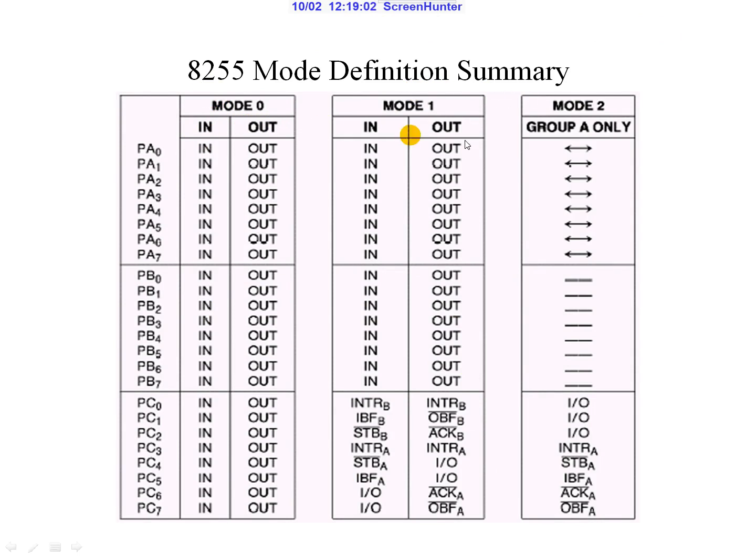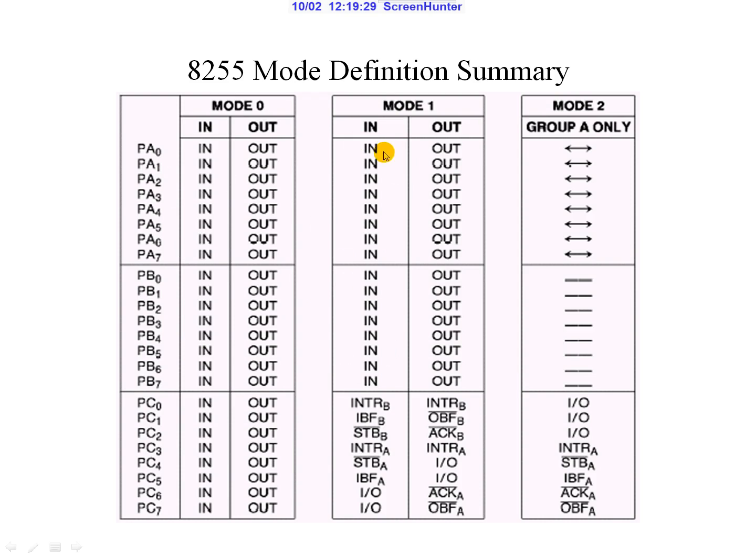So here I have given the definition summary of these 3 modes of operation. I have given only the 3 modes of input output operation. I didn't give the BSR mode. For mode 0, these 3 ports are going to be programmed either as an input or as an output.